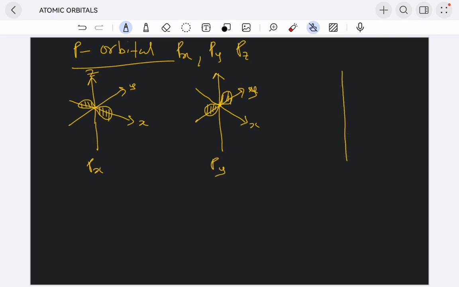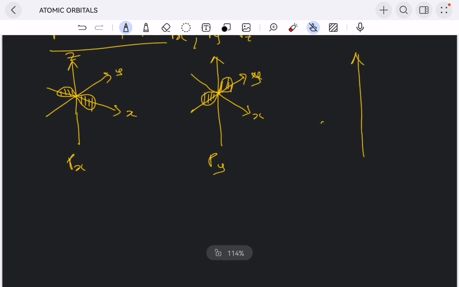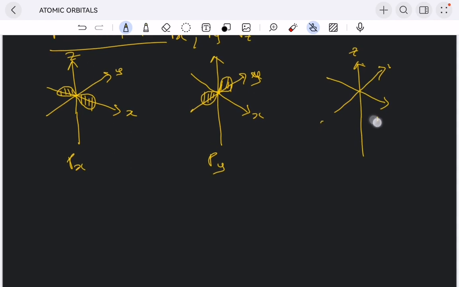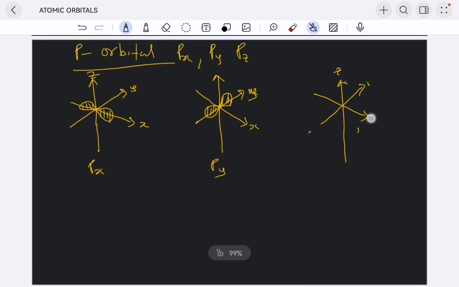Then if we're looking at the last one, sorry, Z, X, Y. So this is going to be along the Z axis.